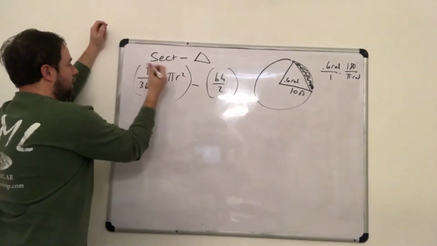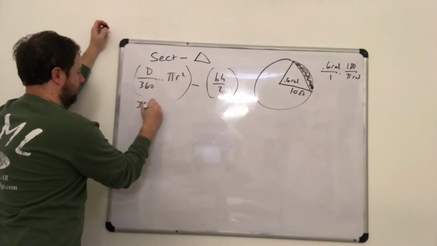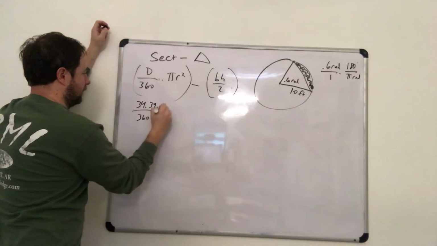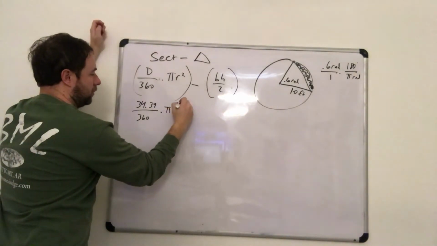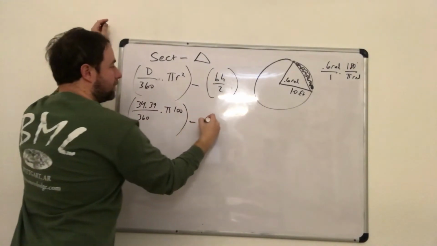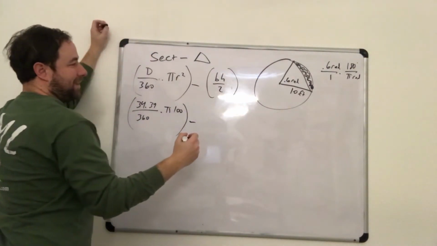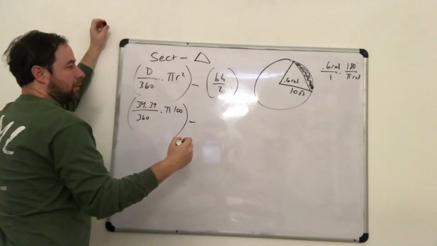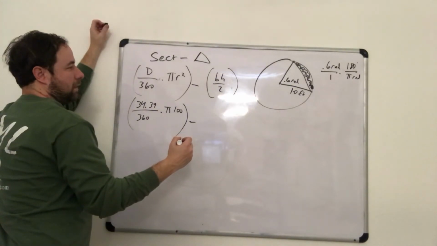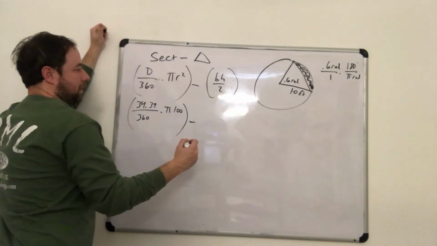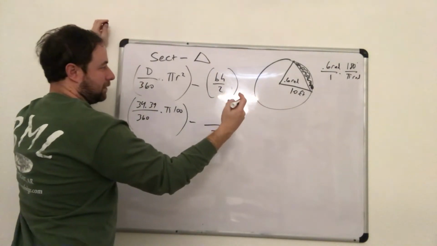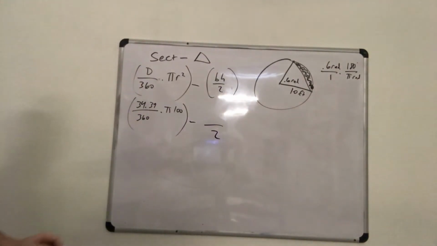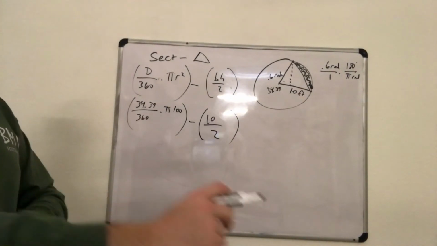So our angle is 34.39 divided by 360 times pi. 10 squared is 100. We go ahead and do the math on that. Minus base times height. The base of this triangle is going to be 10. The base of the triangle is 10.